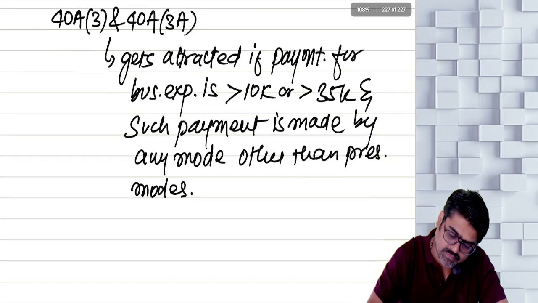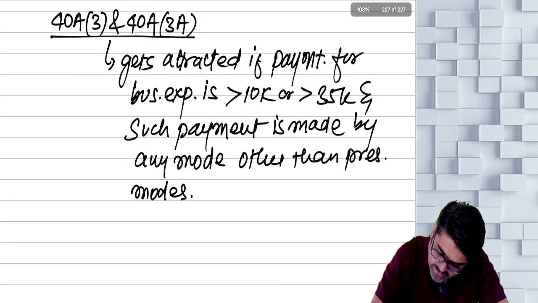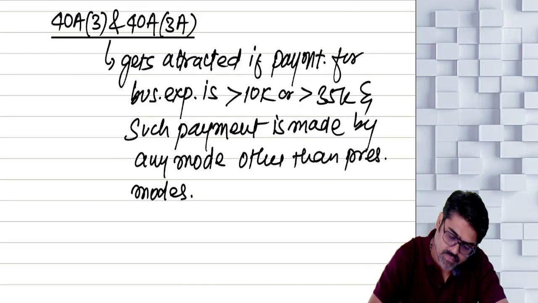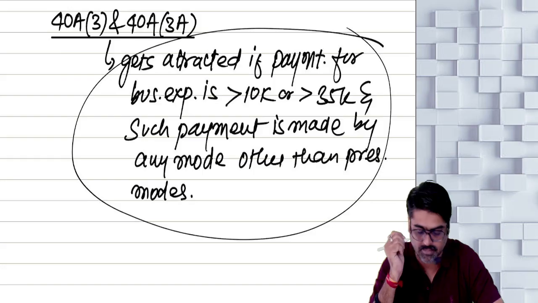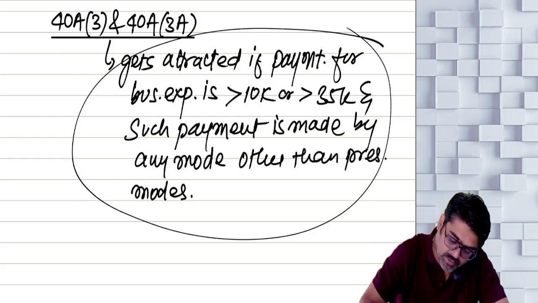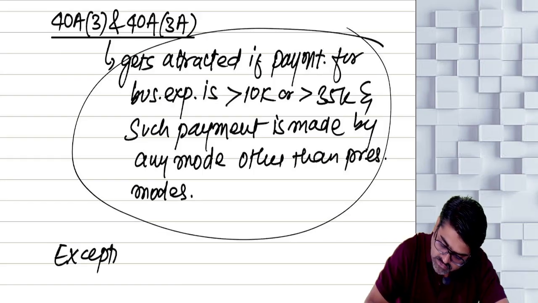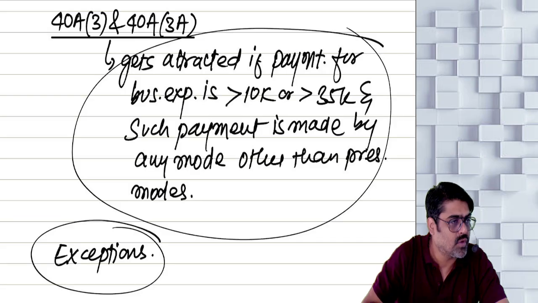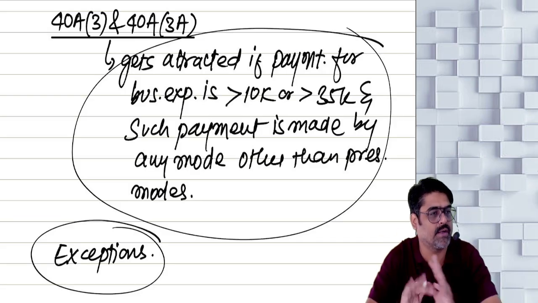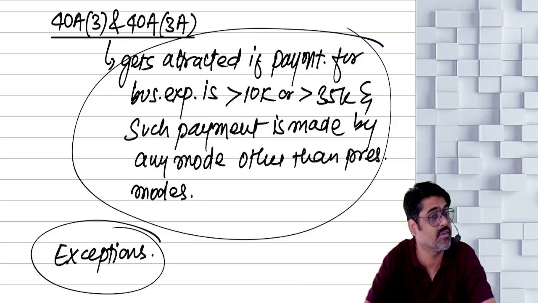Now pay attention. 40A(3) and 40A(3A) get attracted if the payments are made other than by prescribed modes. But sometimes there are some exceptions. In these exceptional cases, 40A(3A) will not be attracted.